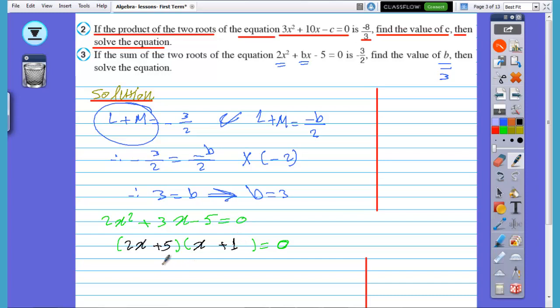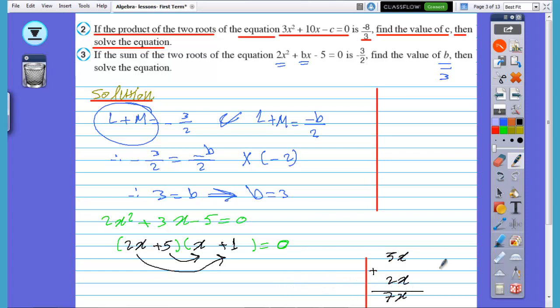Now investigate the correct solution. Multiplying the means here equals 5x plus the product of the extremes, 2x multiply 1 equals 2x. So 5x plus 2x equals 7x.